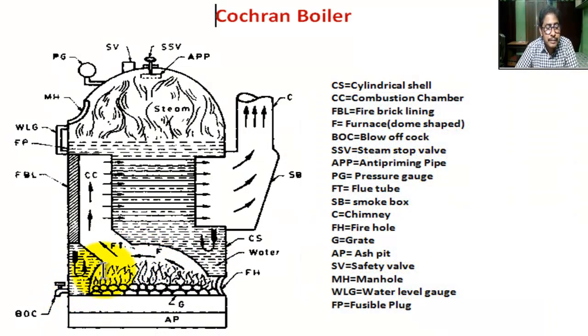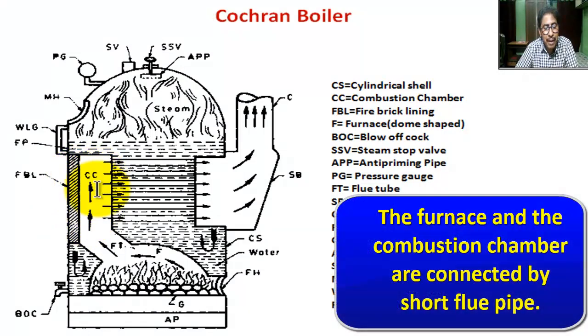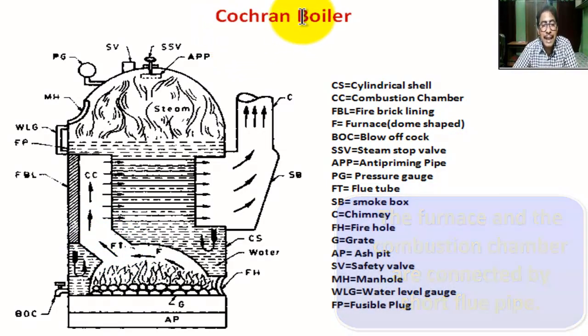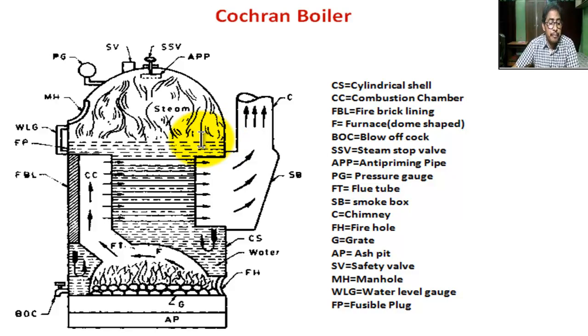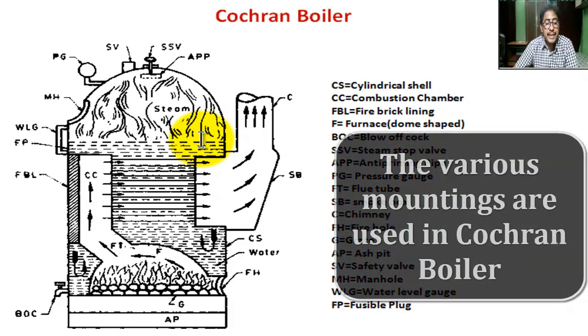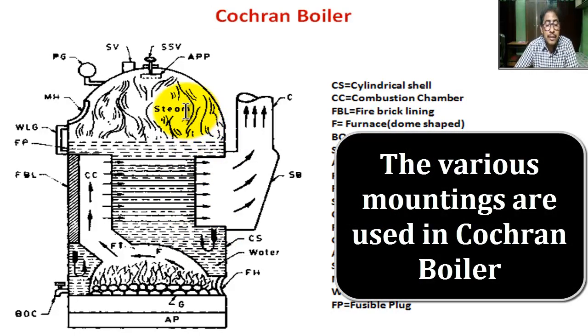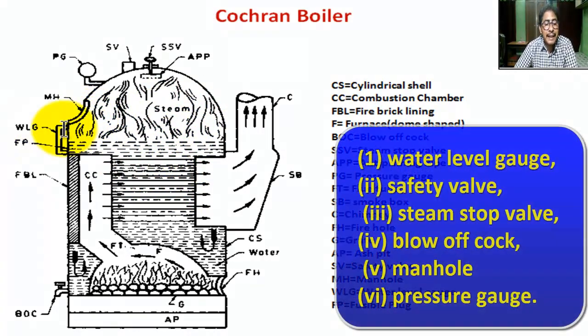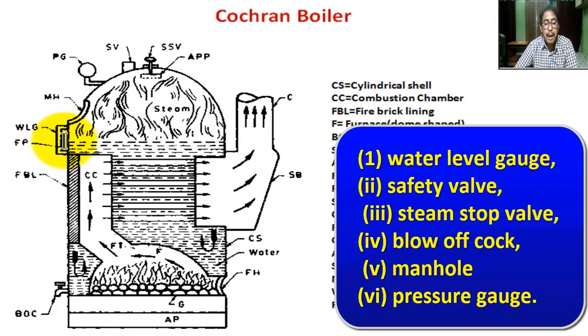Okay, the furnace and combustion chamber are connected. This short pipe is called flue tube. Okay, in Cochran boiler various mountings are used. Number 1, water level indicator.